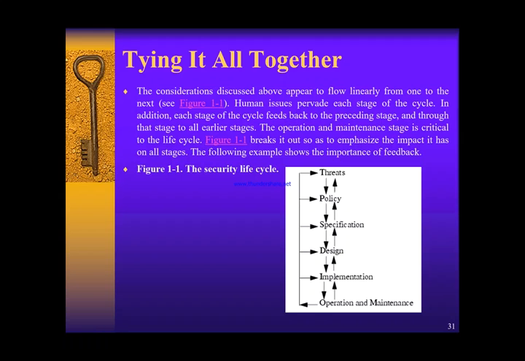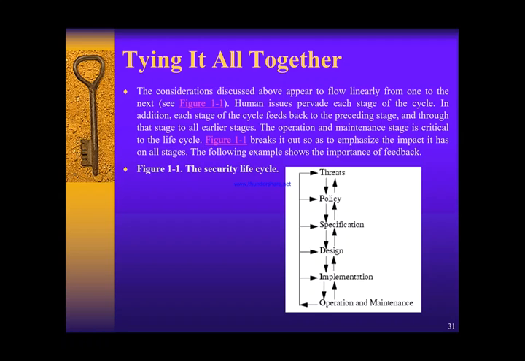The security life cycle. This is in our daily life everywhere. We can see this: threats, policy, specification, design, implementation, operation, and maintenance. It is like the software development life cycle. So here there is an analysis. Here it is threats. Based on the threats, you are able to give the policy. Based on the policy, you have to give the specification.